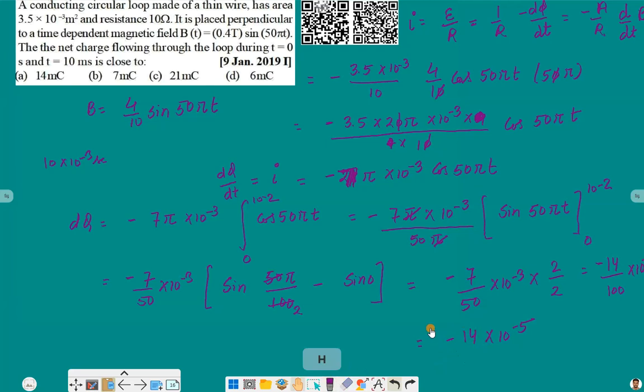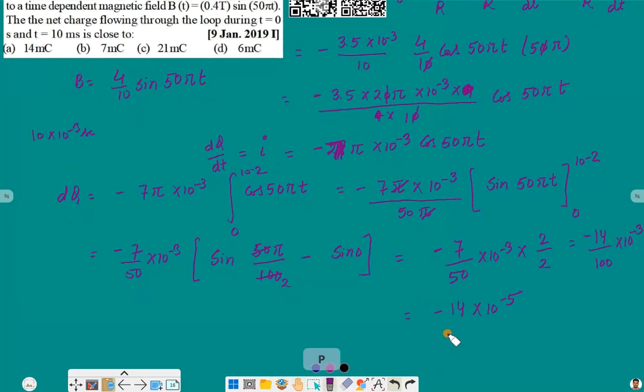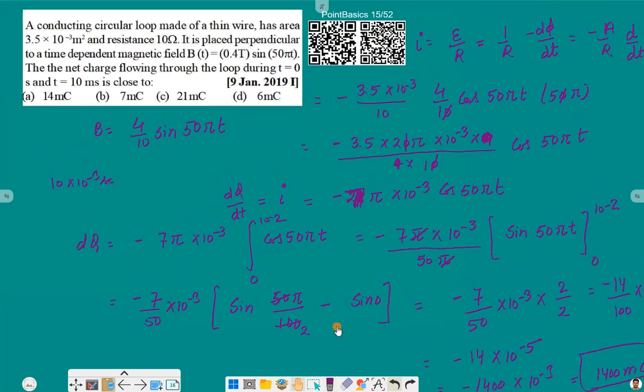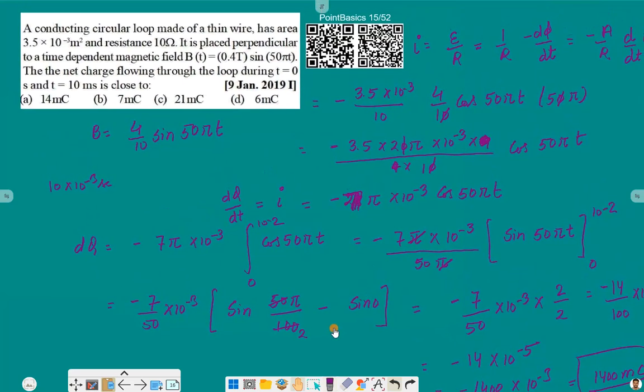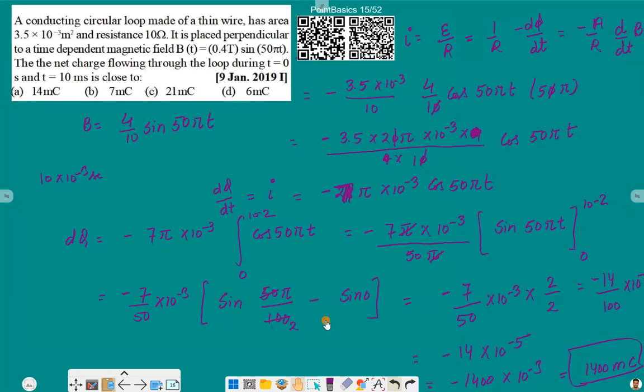So it still does not match. It comes out to be minus 1400 into 10 to the power minus 3, or 1400 millicoulomb. That is what we are getting. Is there some mistake in the time? I think so. It does look like there is a problem with the options here, that either some zero is missing or there is some typo.